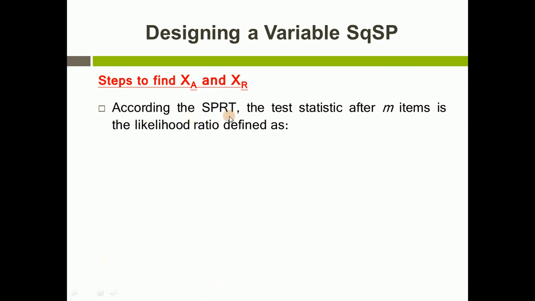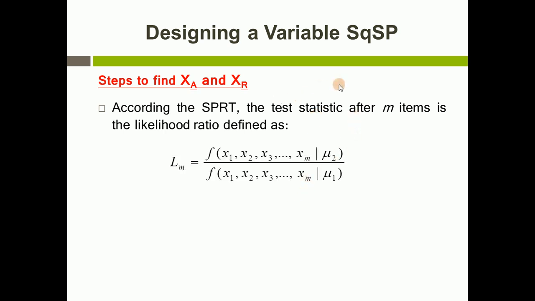According to the SPRT, the test statistic will be calculated after each item inspected from the lot. So after reaching m items, the test statistic will be the following likelihood ratio: f of x1 till xm given mu2, the rejectable process average, divided by f of x1 till xm given mu1, the acceptable process average.